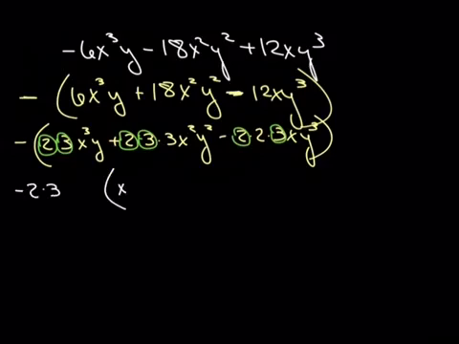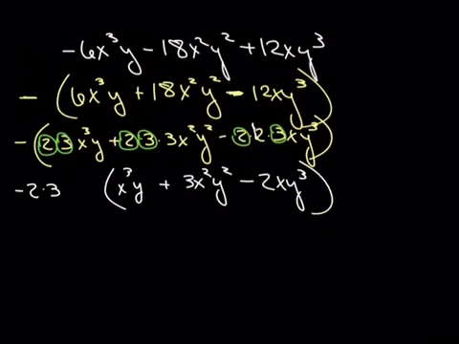And I'm left with x cubed y plus 3x squared y squared minus 2xy cubed. Okay, so see what I have left here, here, and nothing there is what I have left that I put in my parenthesis. Now let's look at the variables. Let's go ahead and make this a 6.